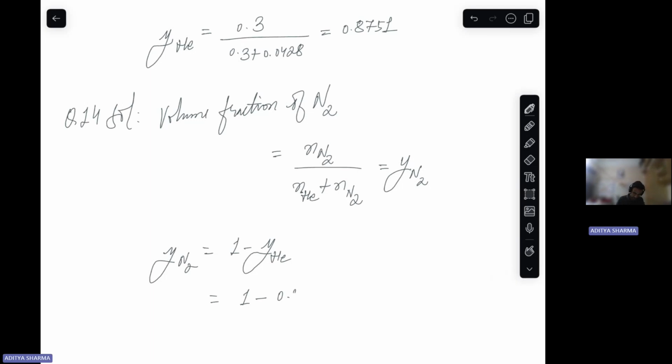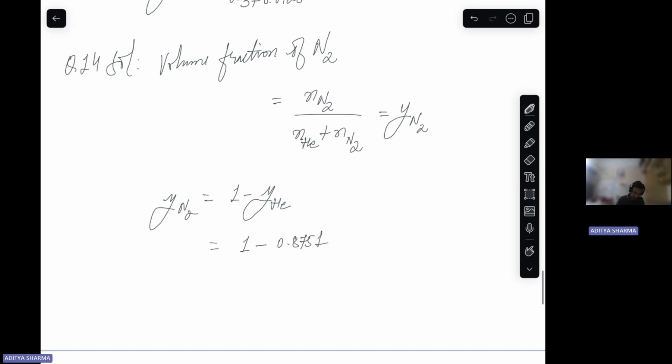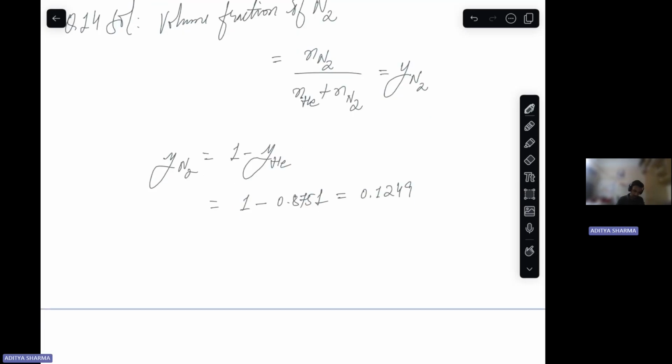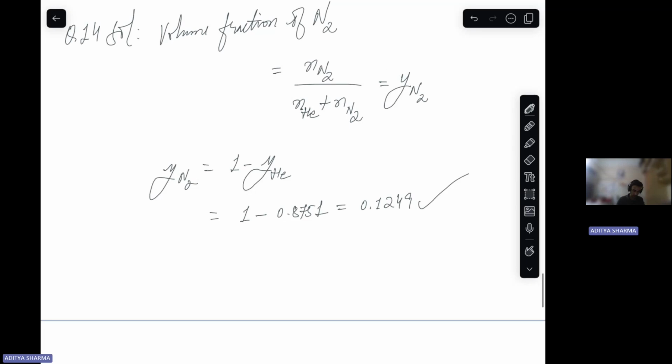Okay, so this is 0.8751 and this comes out to be 0.1249. Okay, so this is your mole fraction, volume fraction for nitrogen.